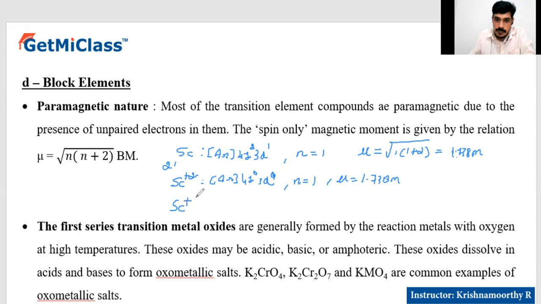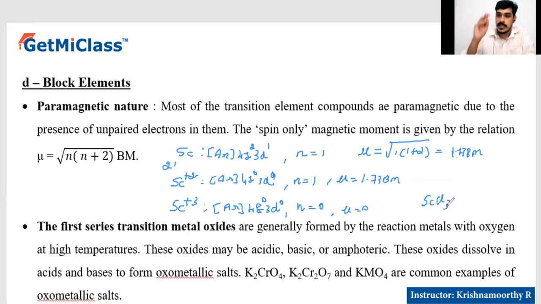If I consider Sc3+, it does not contain any unpaired electron, argon configuration 4s0, 3d0, therefore n = 0, which means mu = 0, diamagnetic. Therefore, any compound related to Sc3+, for example ScCl3, is diamagnetic as well as colorless, whereas ScCl2 should be paramagnetic and colored.